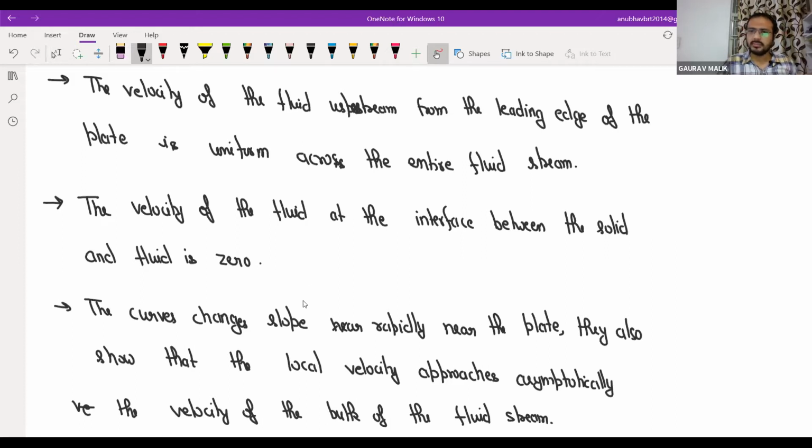These things were the basics about the boundary layer theory. Now we will discuss laminar as well as turbulent. I hope up to this point there should be no doubt. Very good.